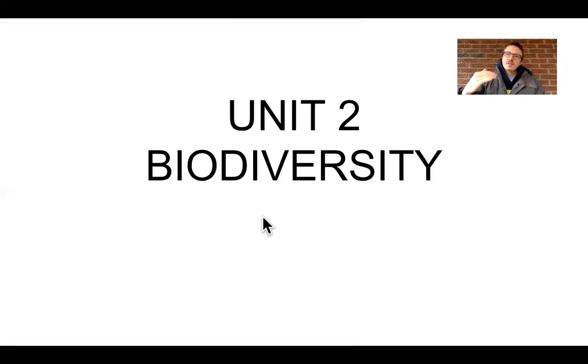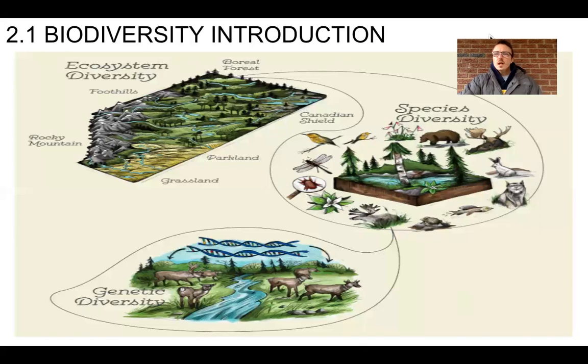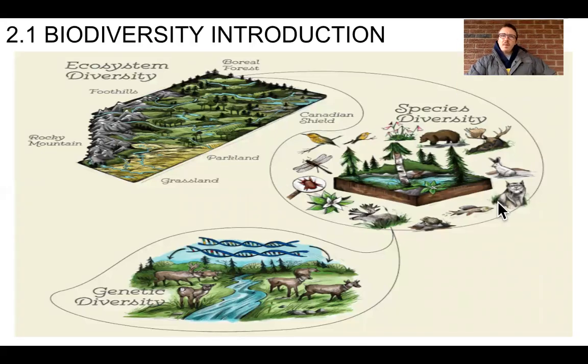So we're going to add some layers to this definition, and biodiversity is really important. Biodiversity is a product of geological history, changes in climate, both natural and anthropogenic, and natural selection. Now, we could break biodiversity into 3 main categories. The first consideration would be ecosystem diversity.